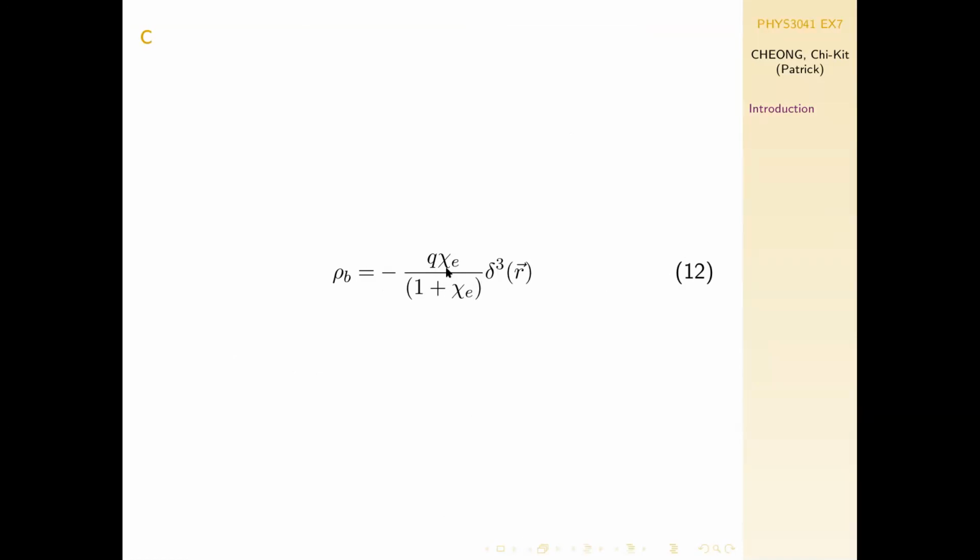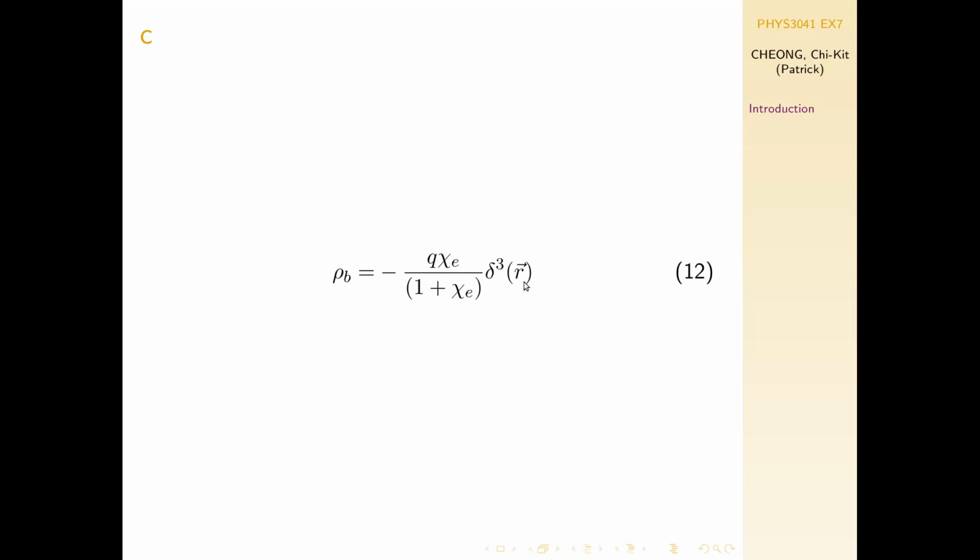You can see that this bound charge equals some charge times the delta function. As I mentioned before, the delta function is usually used to describe a point charge distribution. So it is obvious that the bound charge can be interpreted as a point charge located at the origin.